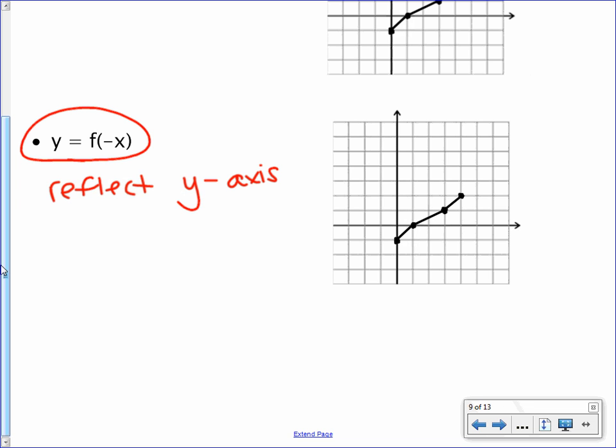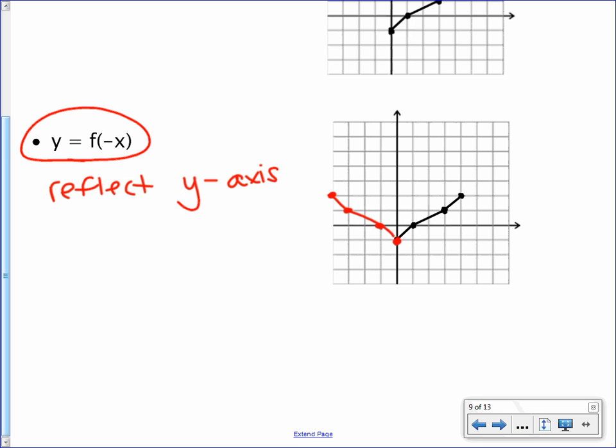Okay, so the y-axis is just a mirror. Since this is on the y-axis, it stays. This guy, we reflect over to here. This guy, we reflect over to here. And this guy, over to here. Can you handle that? All right.